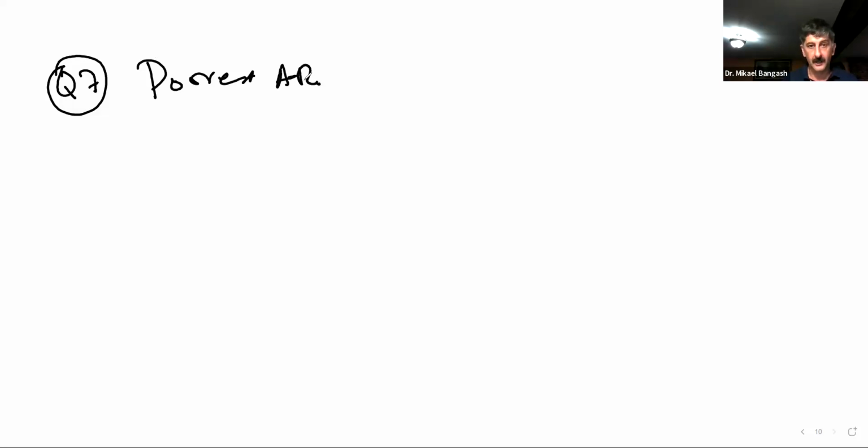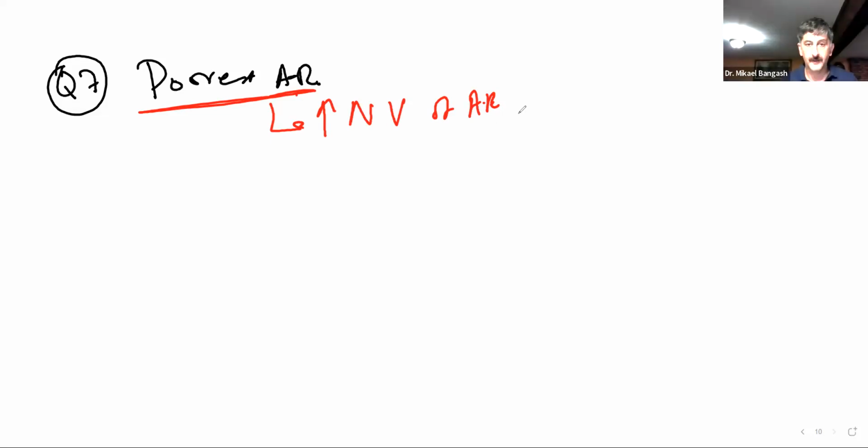Now we have already said that this poor axial resolution would be due to a high numerical value of the axial resolution. Where would that high numerical value of an axial resolution come from?